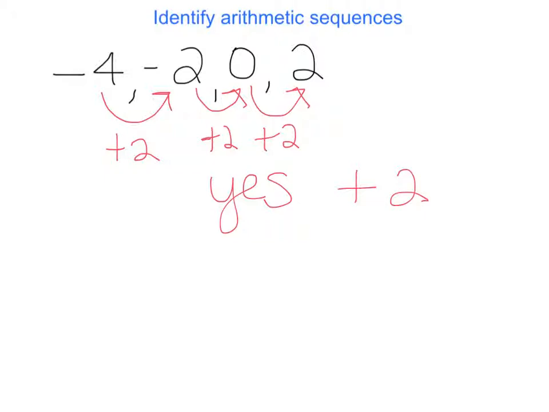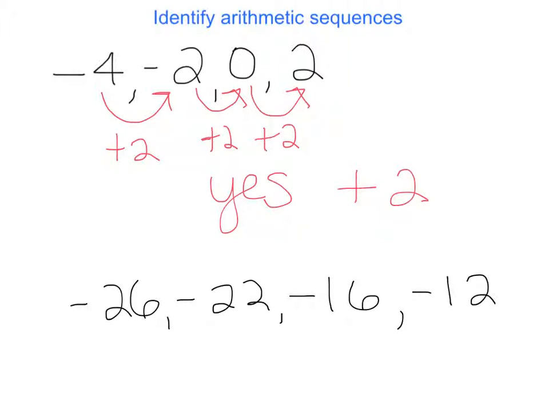Now if we had the example of -26, -22, -16, and -12, we would see that -26 to -22 is plus 4. -22 to -16 is plus 6, and then -16 to -12 is plus 4 again.